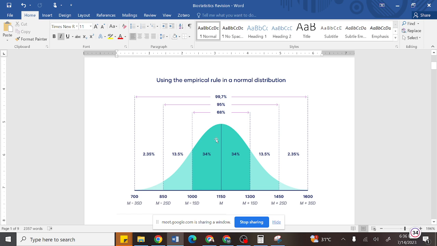Okay? So that means if you have this in your mind, that most of the students, for example in our average, which is 70, our curve here will be at 70. The middle part will be at 70.